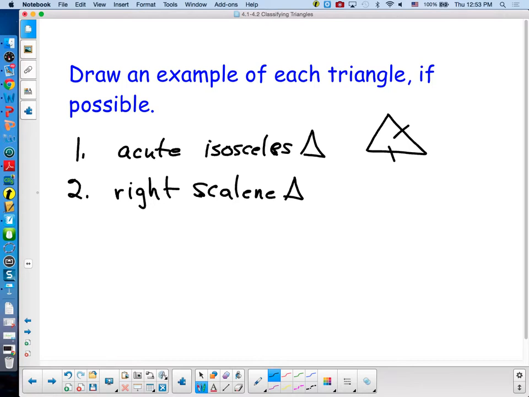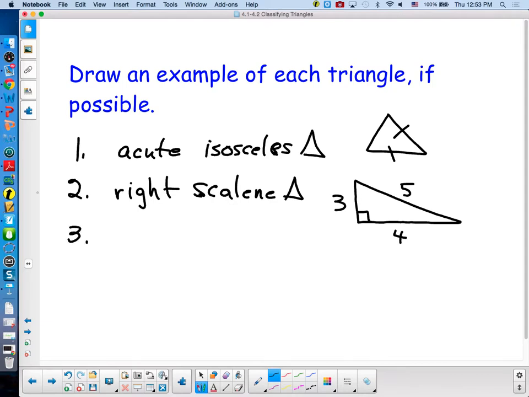Okay, and what's scalene mean? Scalene doesn't have to do with the angles, the length, the sides. The sides are not the same. So can we make a right triangle where the sides are all different lengths? We haven't talked about measurements on them too much, but Ben, do you remember using 3, 4, 5 for a triangle? Okay, that would be an example. If this side were 3 and this is 4 and this is 5, those sides are not the same length, and it's a right triangle. So that one was possible.